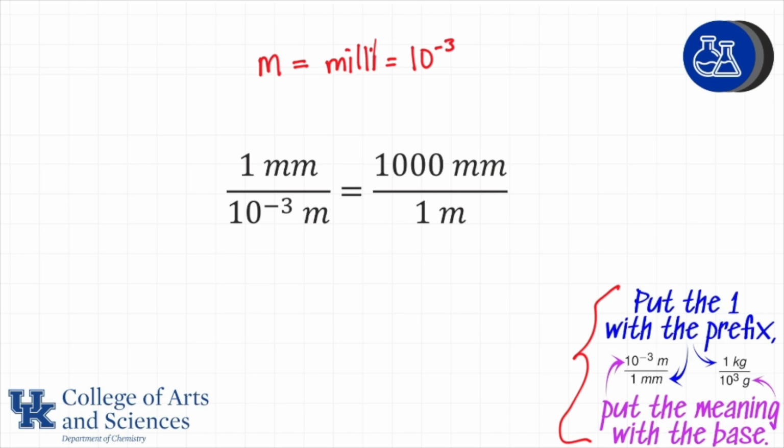So we put the 1 with the prefix, and we put the meaning with the base: 10 to the minus 3 with m, the meters. If I multiply both the numerator and denominator of this expression by 1,000, what I get is 1,000 millimeters over 1 meter. So these are still equivalent, and both are true relationships. It's just a matter of how you set it up and how you best understand it.